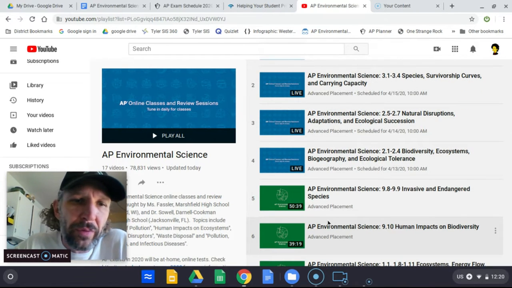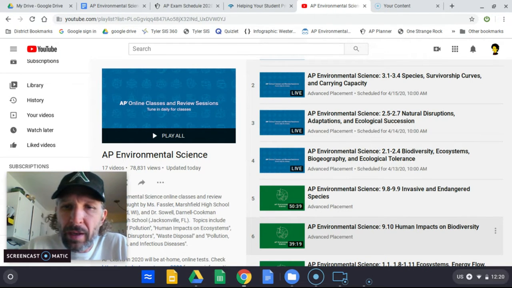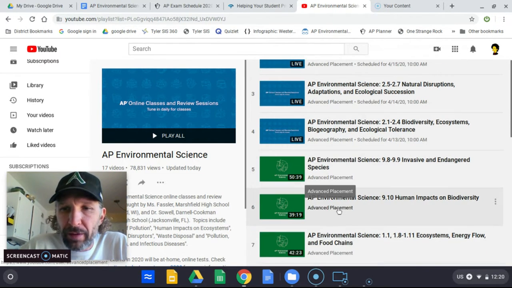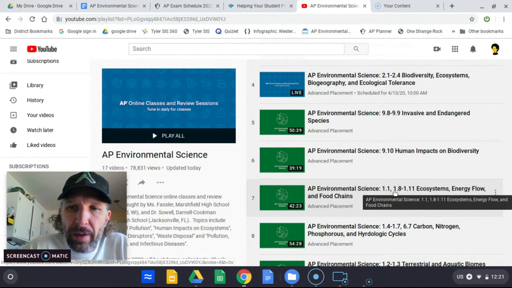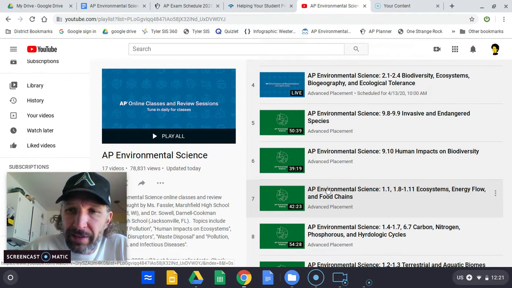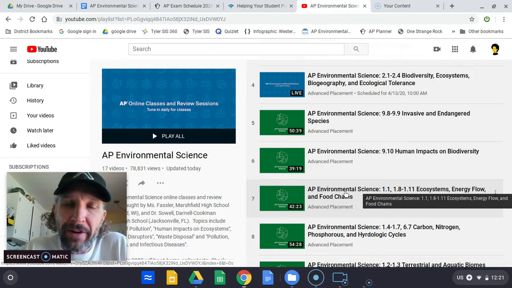I'm going to use some of these for reviews over the next couple of weeks, but you can start looking at these. For instance, this one here, this is 1.1, 1.8 through 1.11. This is basically the first unit: ecosystems, energy flow, and food chains. Not a bad idea to start reviewing.